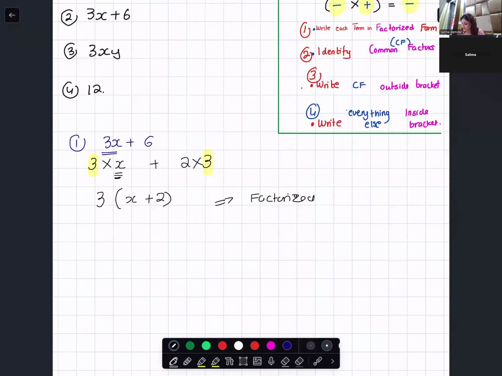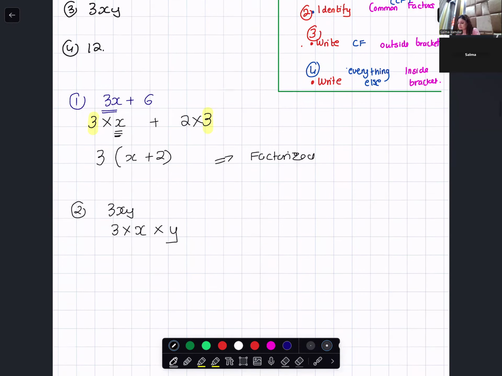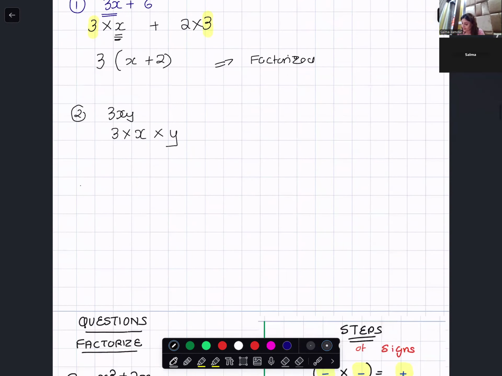Now our next question is factorize 3xy. I will write each term in the factors form, so it would be 3 into x into y. There is nothing as common factor. There is nothing that can be kept outside the brackets. There is nothing that can be kept inside the brackets, so it's done.